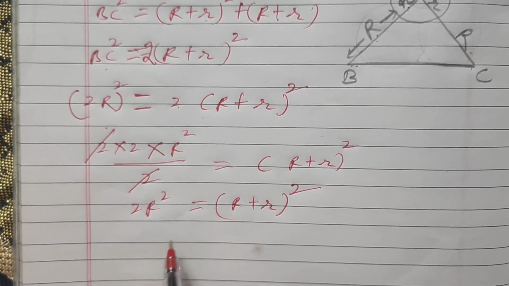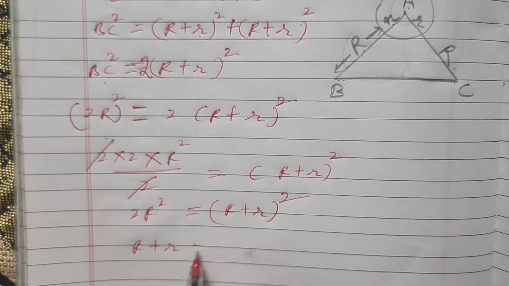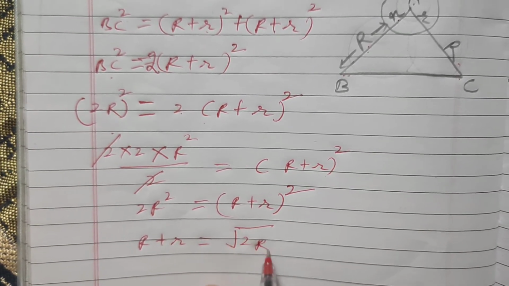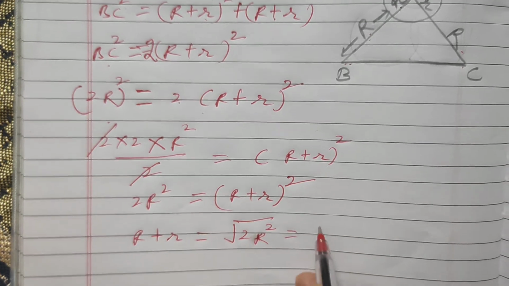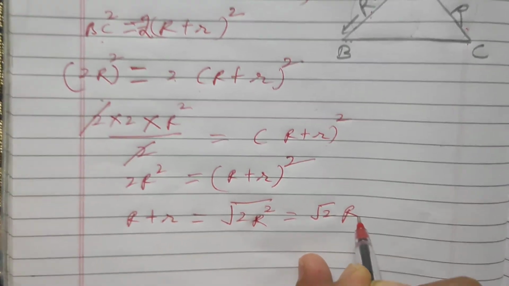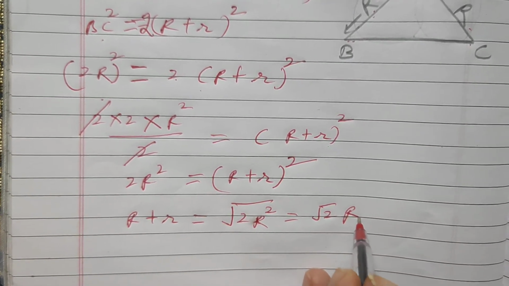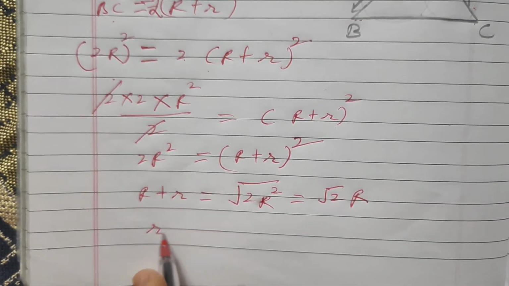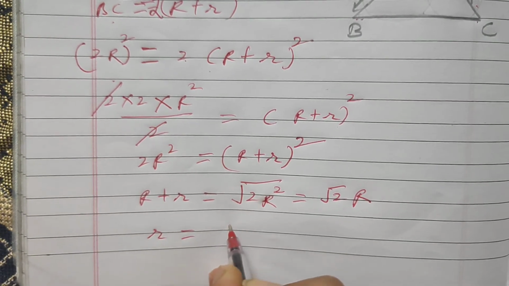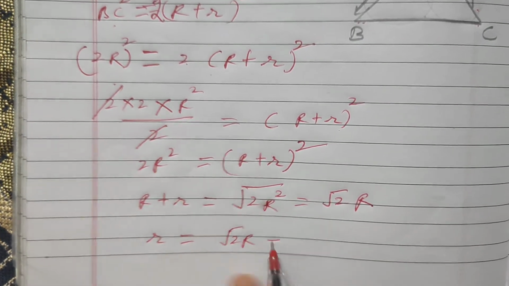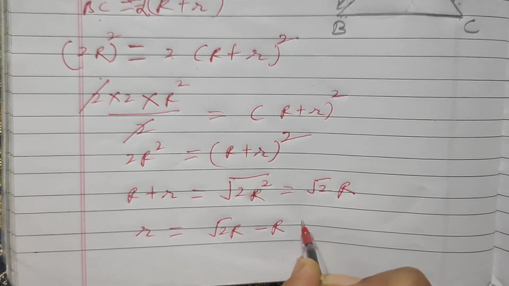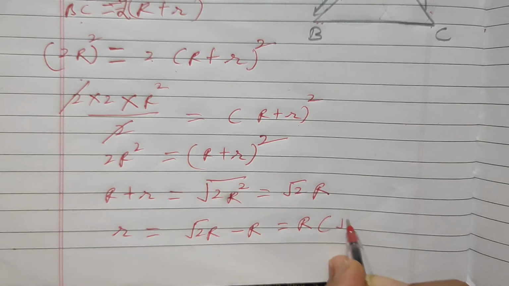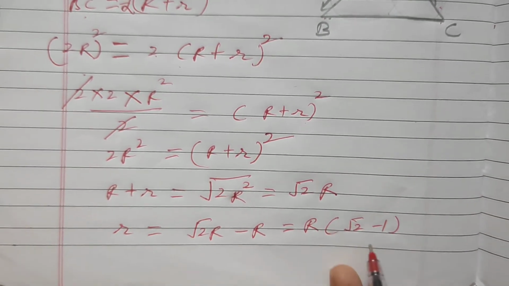Then r plus R will be equal to the square root of 2R square, that will be equal to root 2 R. Now r is equal to root 2 R minus R, that is equal to R, take R common from here, (root 2 minus 1).